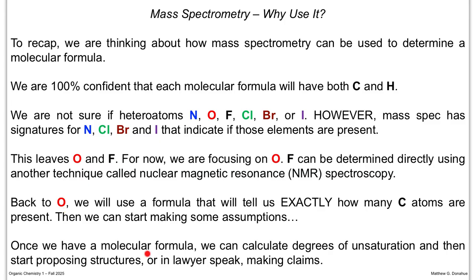Once we have a working molecular formula, we can calculate degrees of unsaturation. And then as we go into IR, we can maybe assign what some of those degrees of unsaturation are. Are they pi bonds? Are they rings? And then from all of this, we're going to create a working structure. What we want to do with all this data is increase our confidence of our claim.